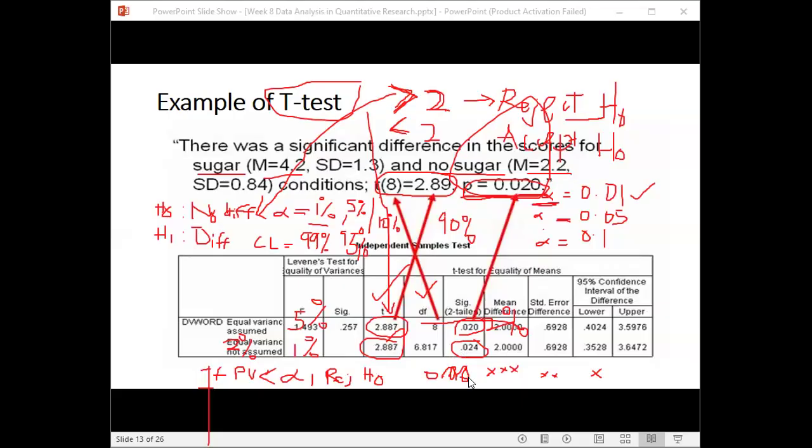So obviously, you are only able to reject the null hypothesis under 10%. So you just have to convert to percent and compare to 1, 5, or 10. So long as it's less than 10%, you are going to reject the null hypothesis. That is the rule you always abide by.